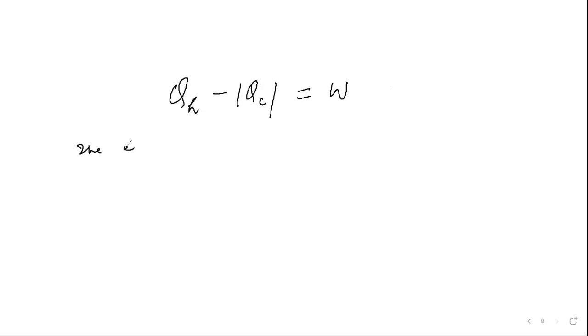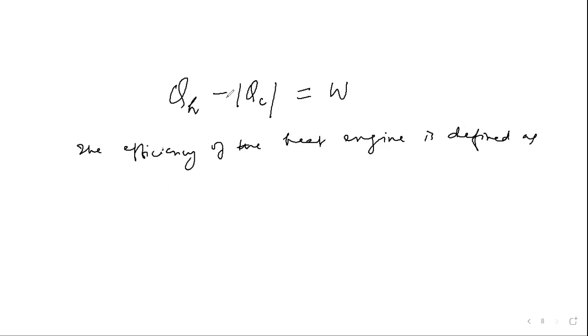The efficiency of the heat engine is defined as, we represent it by the symbol epsilon, and it is defined as the ratio of W to QH, right?